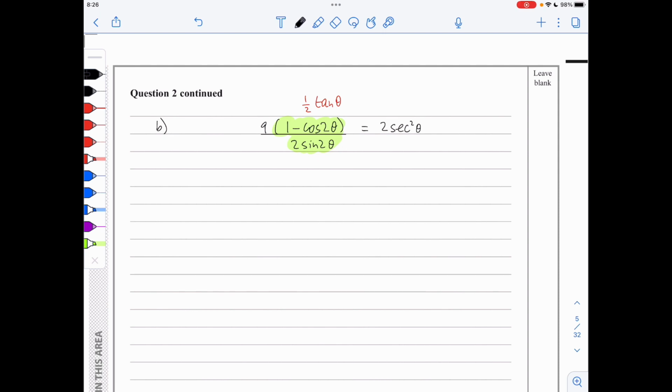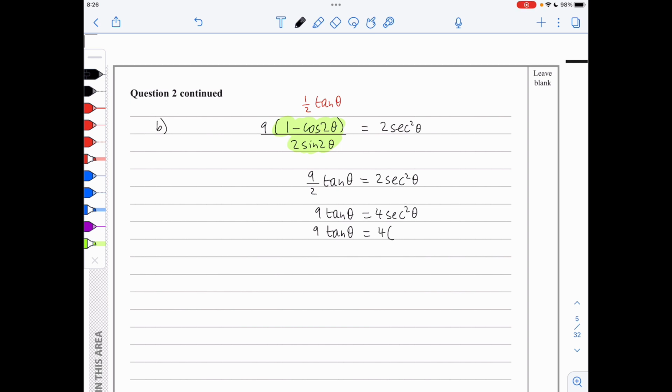And this means we're looking at 9 over 2 tan theta is equal to 2 sec squared theta. It makes sense to get rid of the denominator, so I will say that 9 tan theta is 4 sec squared theta.